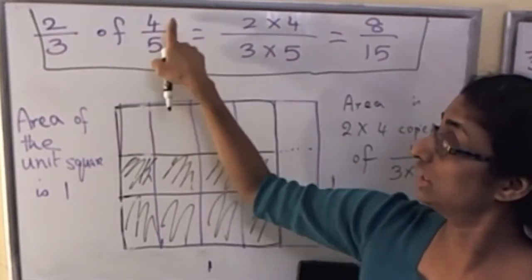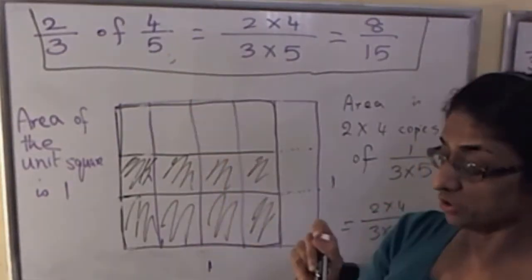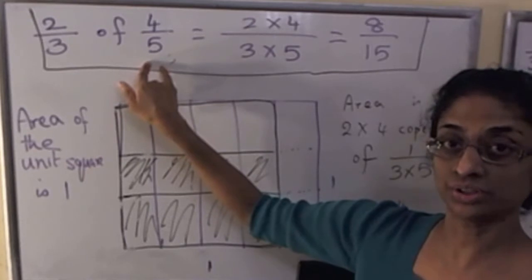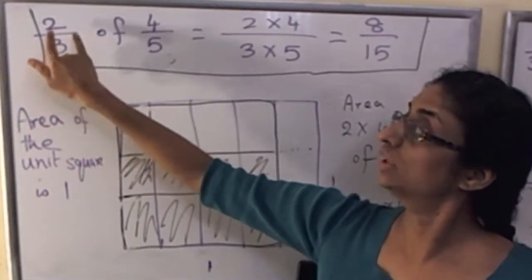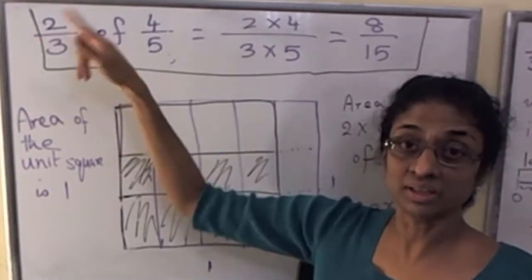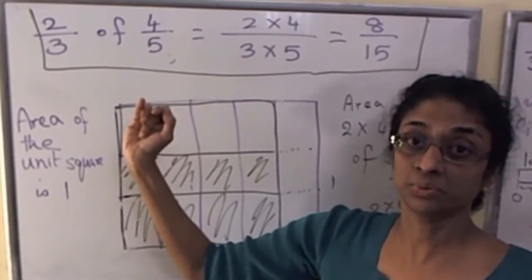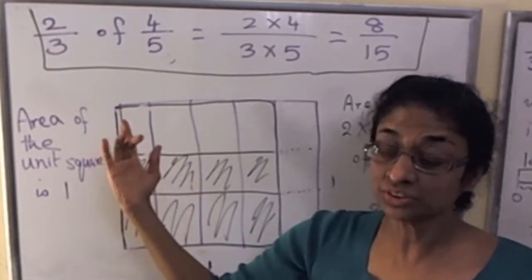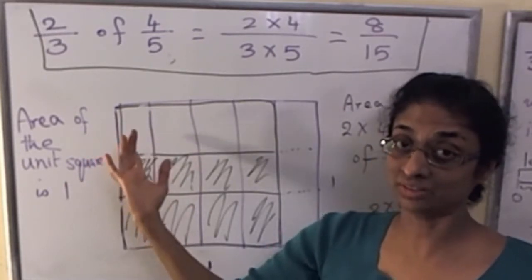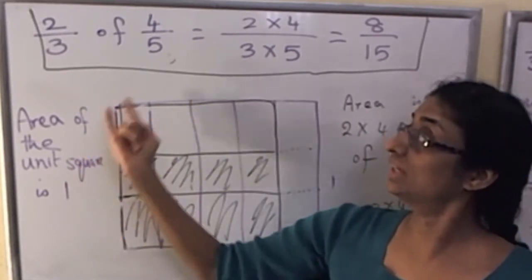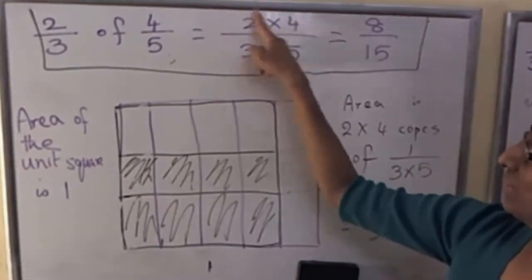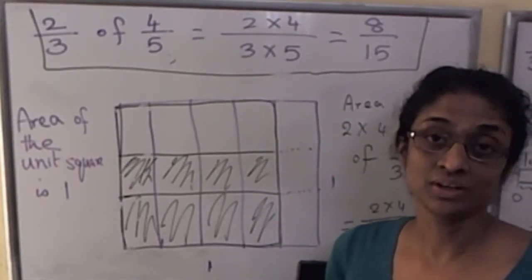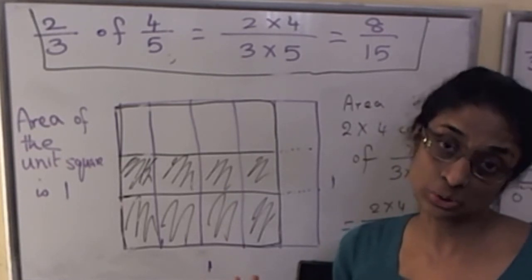We said take a segment of length 4/5, partition it into 3 parts and look at 2 parts, and the length of those 2 concatenated parts is 2/3 of 4/5. That was the definition. Using the definition and mathematical reasoning, we said that length is really the same as this fraction. So let's summarize all of this in a general setting using letters.